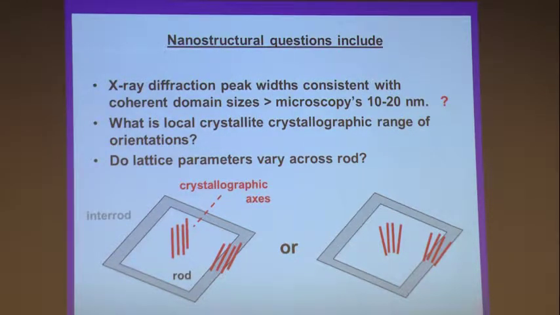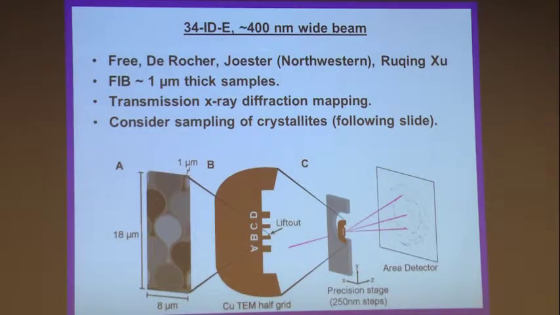What we want to differentiate and learn about is whether the crystallites have the same orientation here that rotates to the interrod region, or whether there's a range of orientations here and a range of orientations here. Once again, we've rotated from an average vertical to 30 degrees here, which would be the same as there and there. It's just that now we have a distribution. And this can be very important in terms of resistance to things like corrosion.